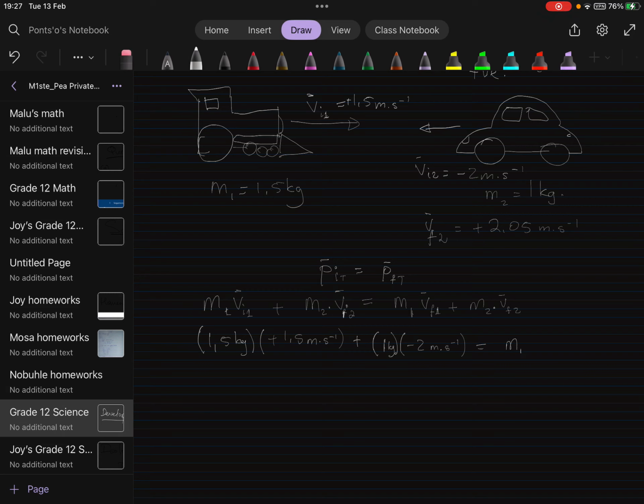And we say that this equals the mass of object 1, or rather, let me not use symbols since I'm substituting.